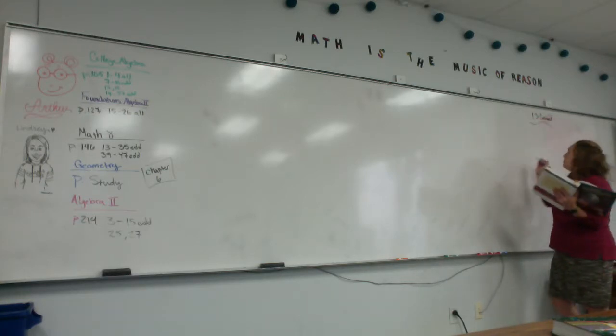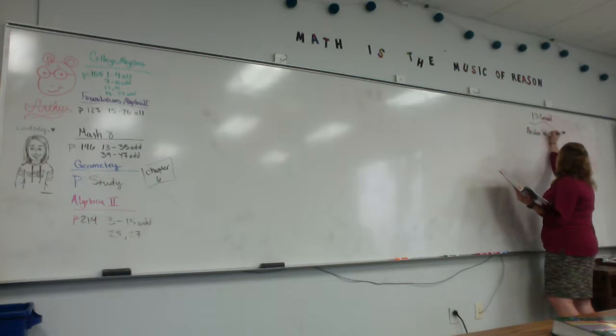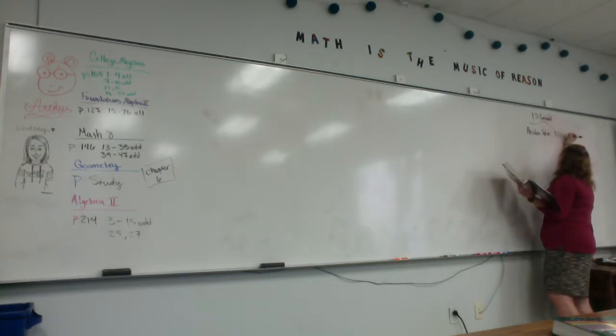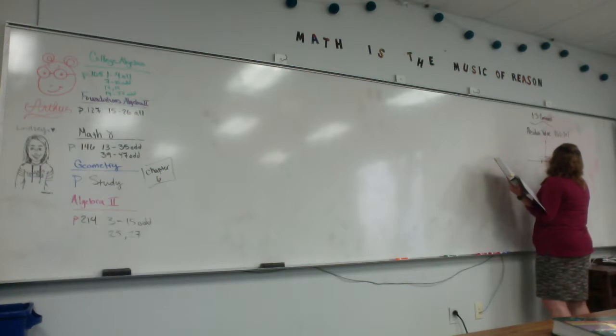Absolute value function. Remember that the parent function is f of x equals the absolute value of x. When you graph that, when you input 1, you get 1 out. When you input -1, you get 1 out.